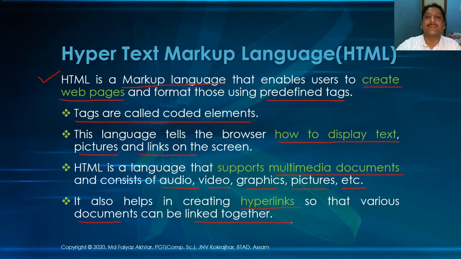Hypertext markup language allows us to create hyperlinks, and those hyperlinks allow us to browse other pages or link other objects with a particular web page. Through hyperlinks we can move to the next page, go back to the previous page, like this. These are known as hyperlinks.